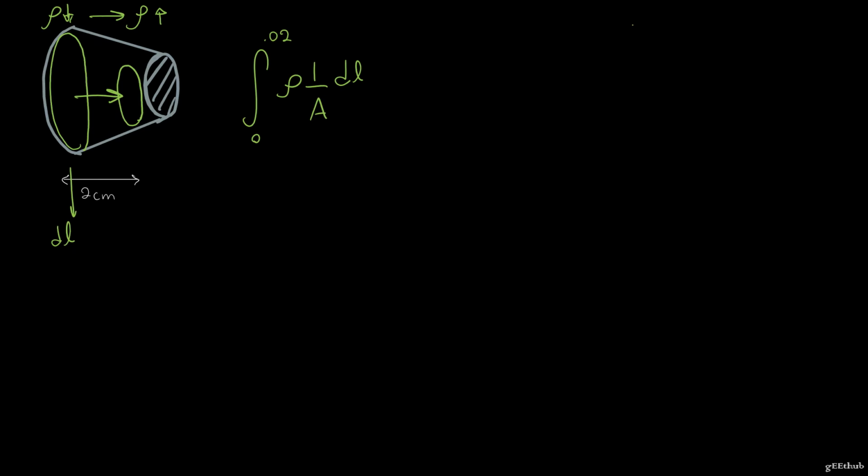Since my area now is dependent on length, I could say that it's 1 over A(L). So I need to find an equation for my A(L), which is equal to pi R(L) squared, because pi is just a constant. And to get an equation for my radius, I can plot it first.